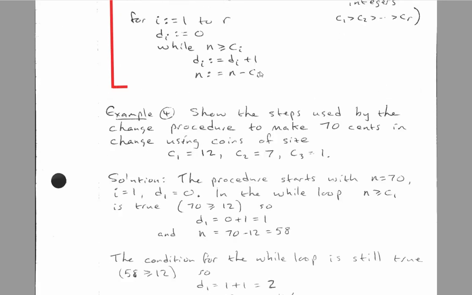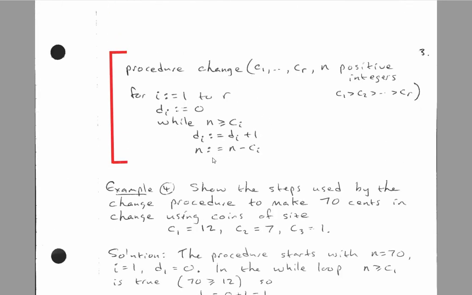Alright, so let's see an example of that in action. Again, the output is these D1, D2 up to DR, telling you what the change looks like, how many of each coin.